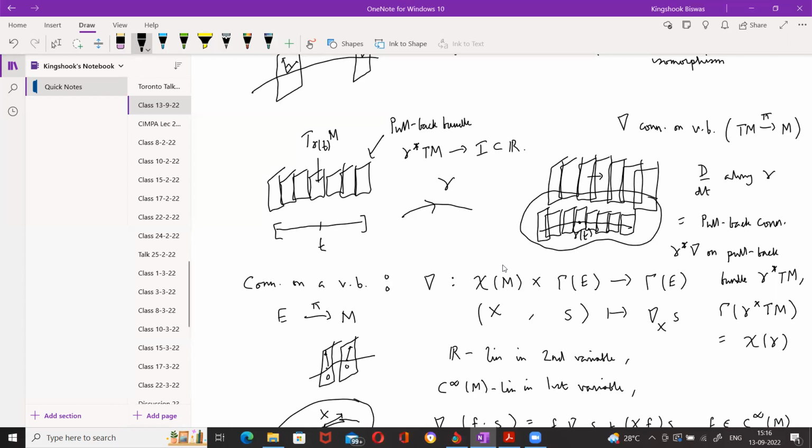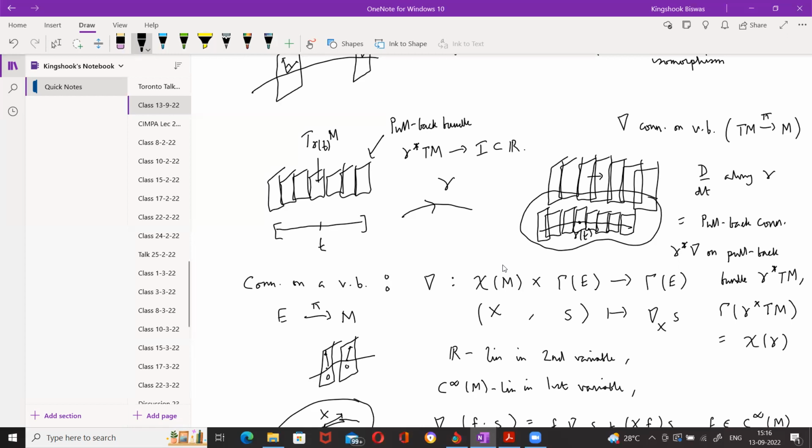What is the infinitesimal gluing? It's the parallel transport P_t where t is infinitely small. That's what you're using to differentiate: an infinitesimal parallel transport.